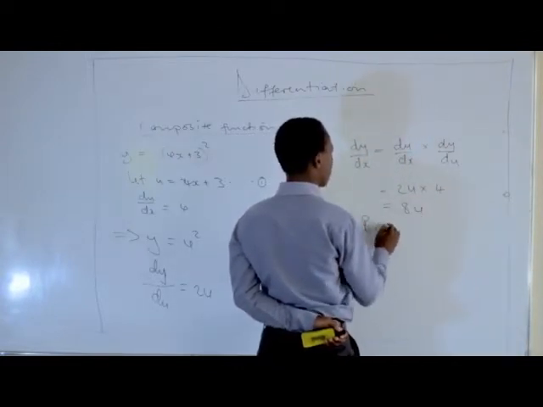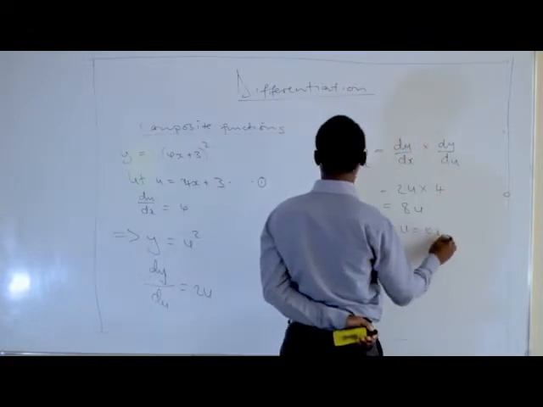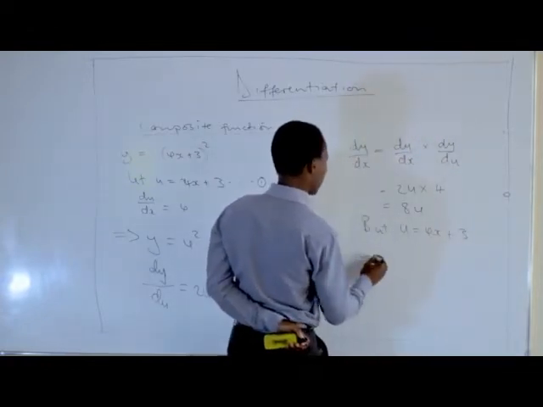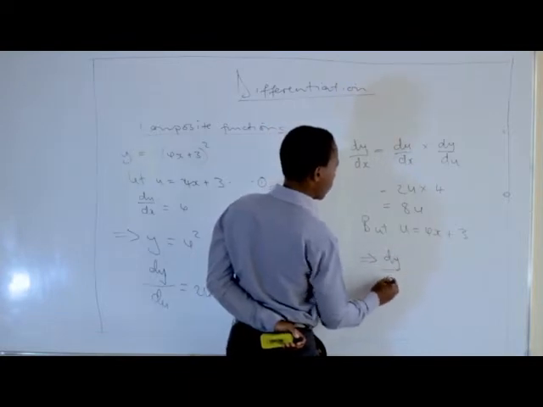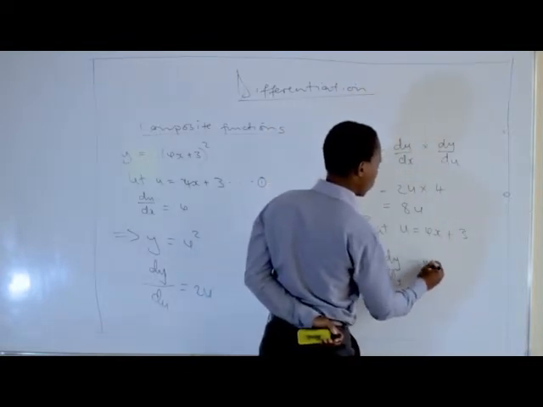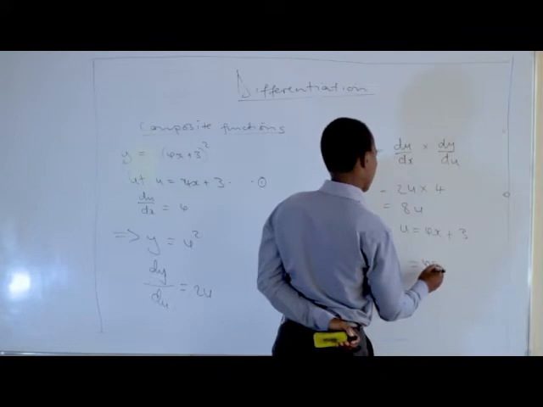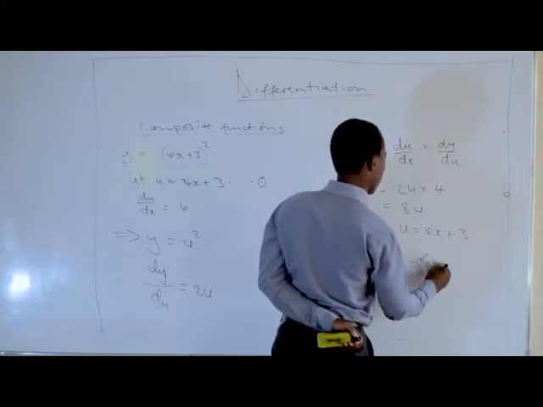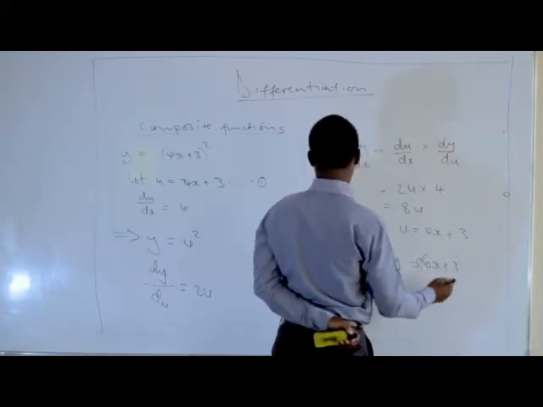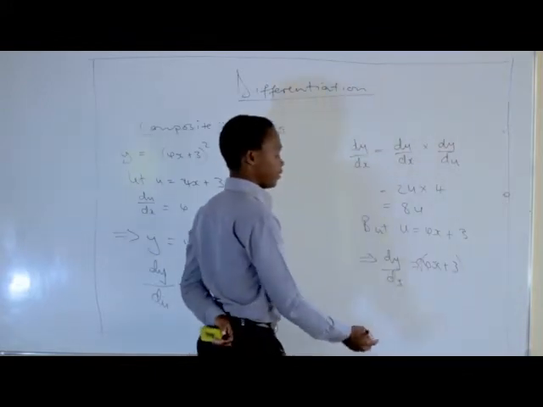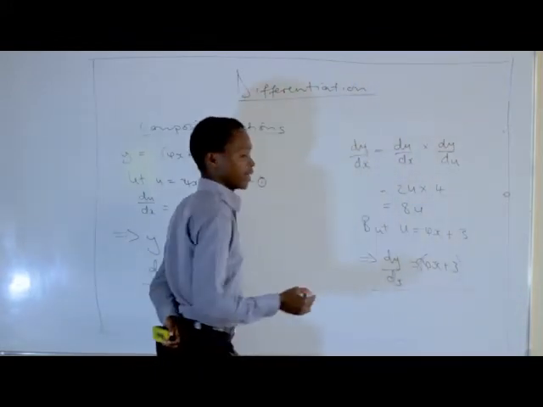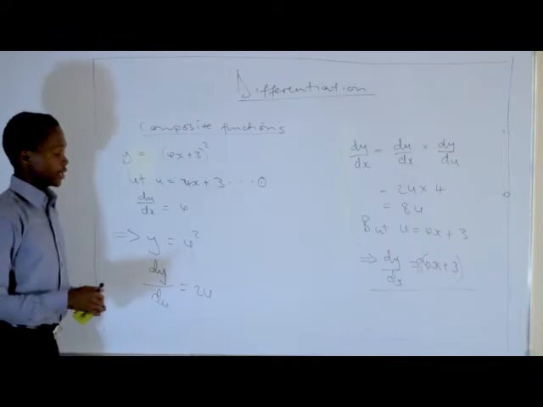But u is equal to 4x + 3. So this implies that dy/dx is equal to 8(4x + 3) to the power 1. We can leave it just like that. So this is the differential for this composite function.